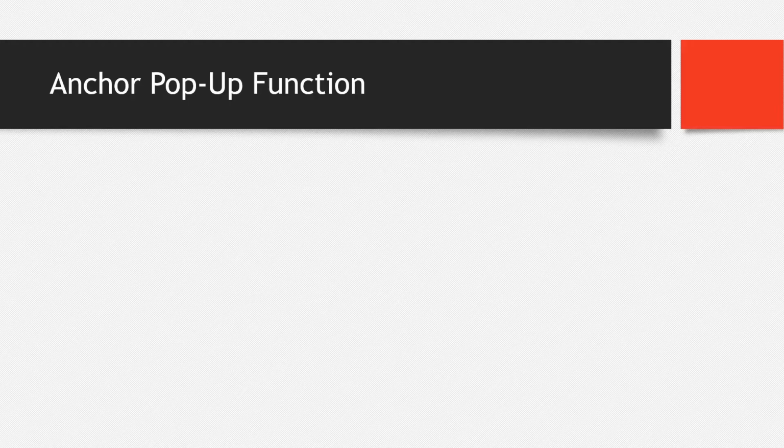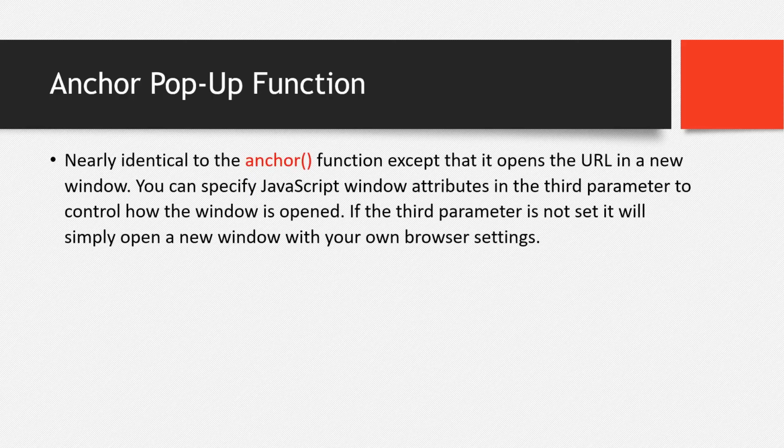Okay, now let's talk about the anchor pop-up function. It is nearly identical to the anchor function, except that it opens the URL in a new window. You can specify JavaScript window attributes in the third parameter to control how the window is opened.